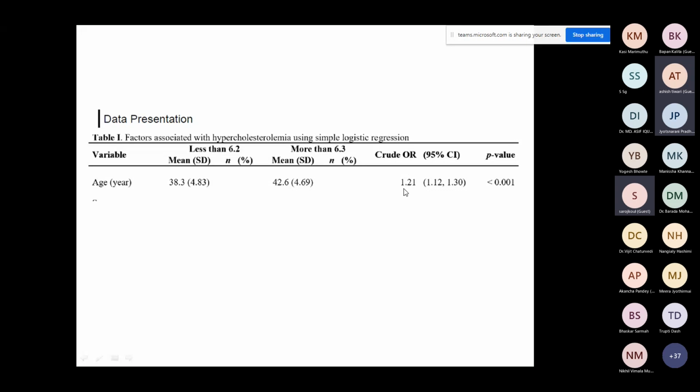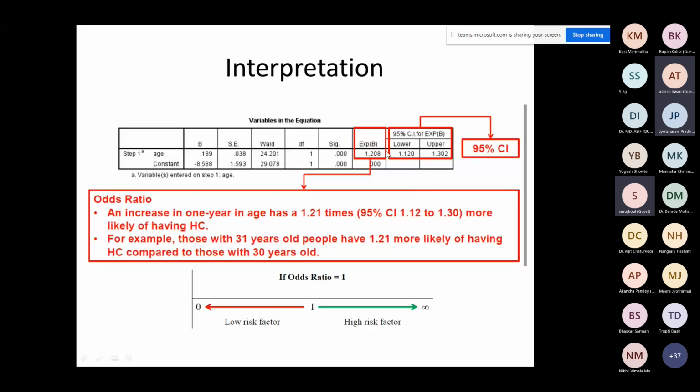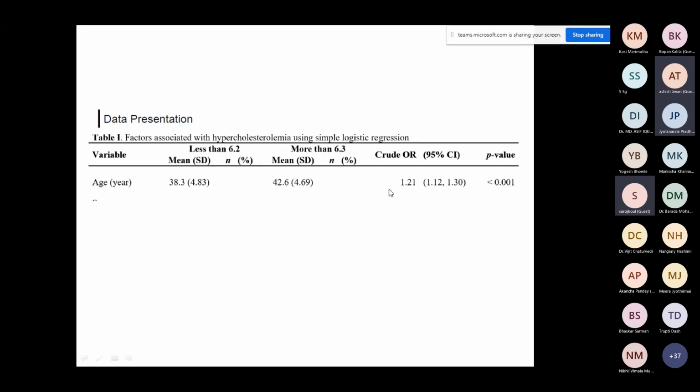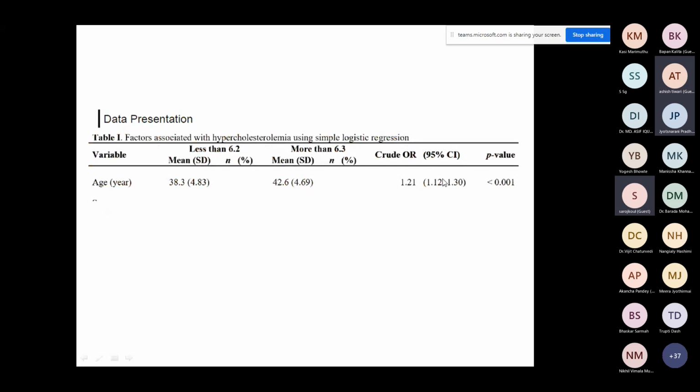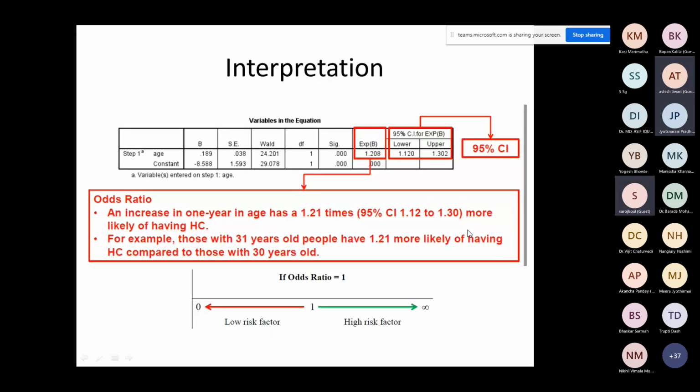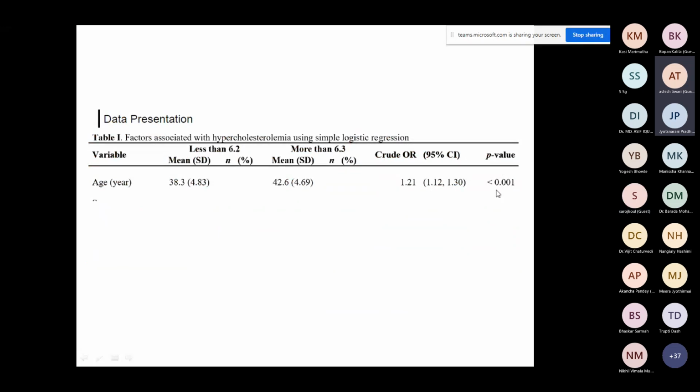And then we need to capture the odds ratio, 1.21. This value, the odds ratio, we need to capture. And also the confidence interval. And then the p-value, like this. Understood?